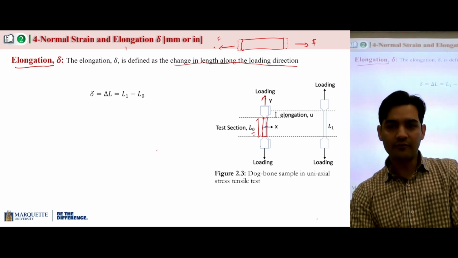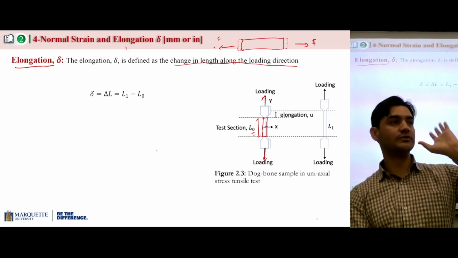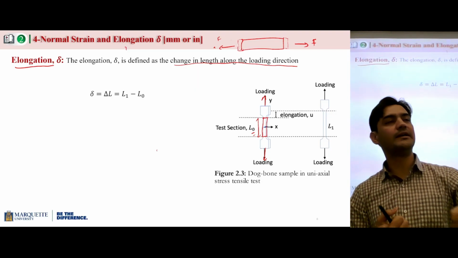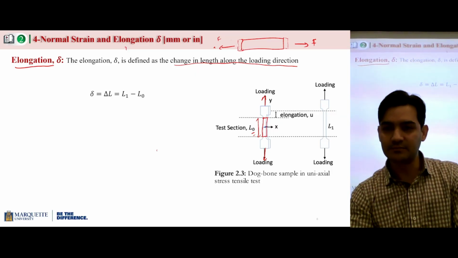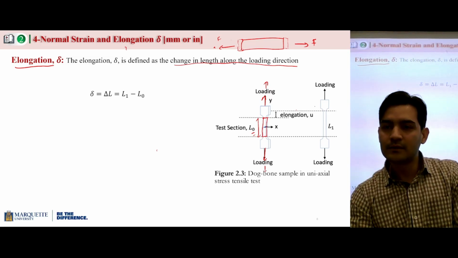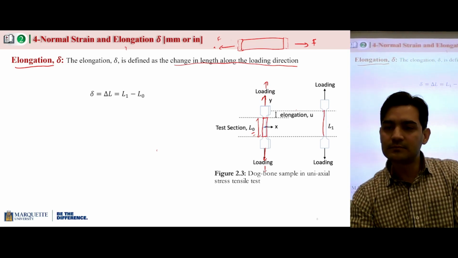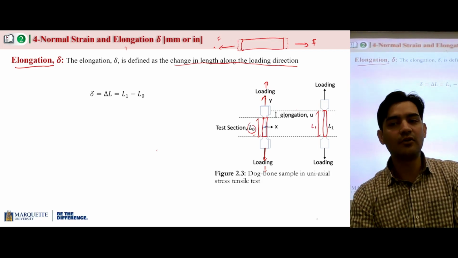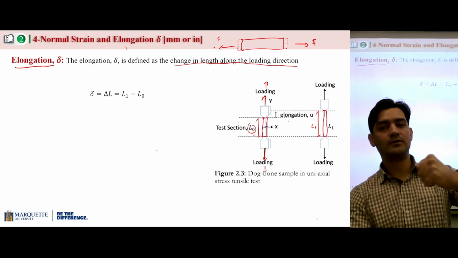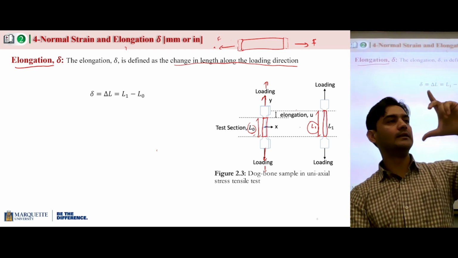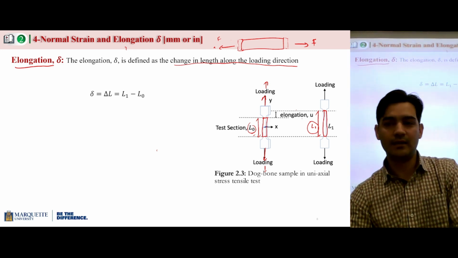You put this dog bone sample in a machine and apply a tensile force, trying to stretch this member. When you apply the force, the member will elongate. Before, the length was L naught, but after applying the force, it goes to a different length, which is L1.